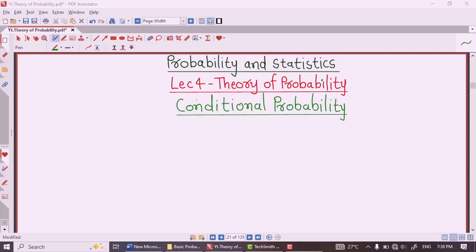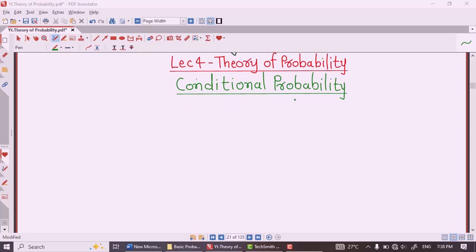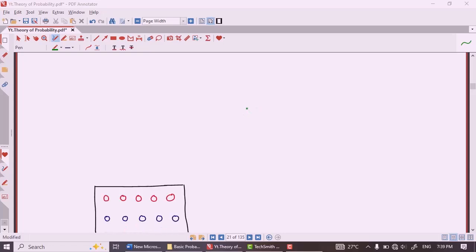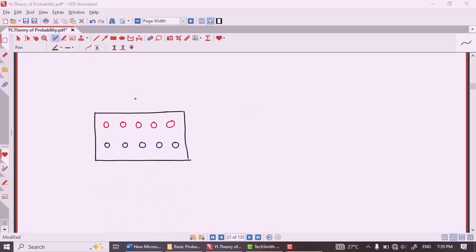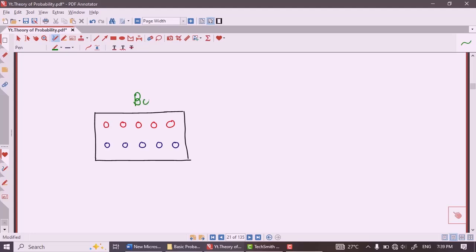So first we understand the definition or meaning of conditional probability with the help of one example. Suppose I have a box in which there are 5 red circles and 5 blue circles. That means I have a total of 10 circles in this box.